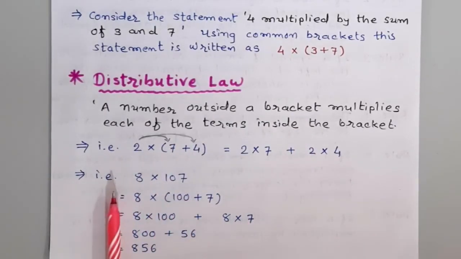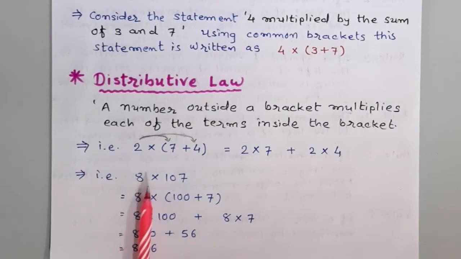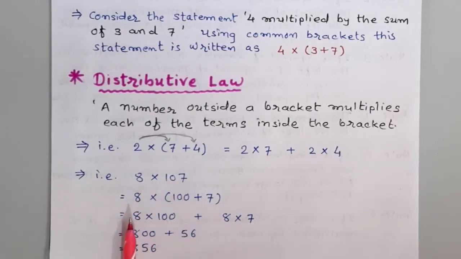In the same way, if we take a second example, 8 into 107, 107 can be written as 100 plus 7, so 8 will multiply with 100 plus 8 will multiply with 7, so 800 plus 7 eights are 56, so the final answer will be 856.